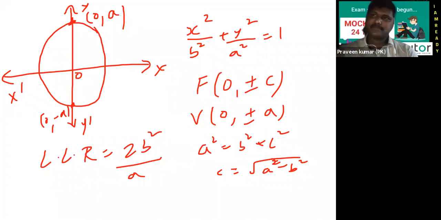How is it? Physics you wrote, okay. How many marks did you get? It was very good.